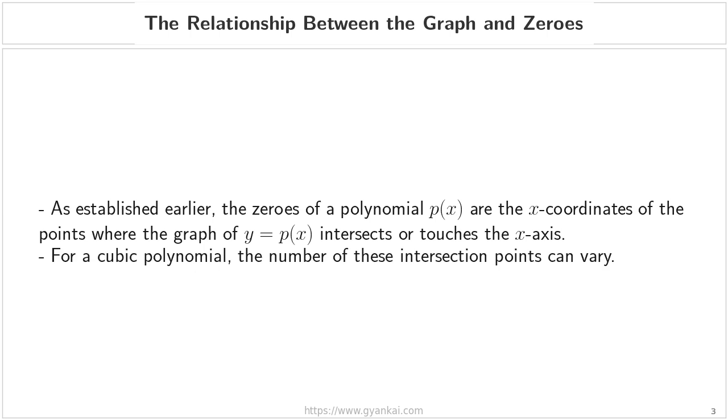However, as we move into cubic polynomials, something interesting happens. Because the cubic curve has the ability to change direction twice, the number of these intersection points is not fixed. As you will see in the upcoming examples, the number of times the graph meets the x-axis can actually vary. Now that we understand what a cubic polynomial looks like and its characteristic S shape, let's connect that shape back to the concept of zeros.